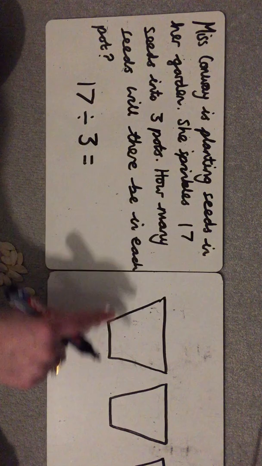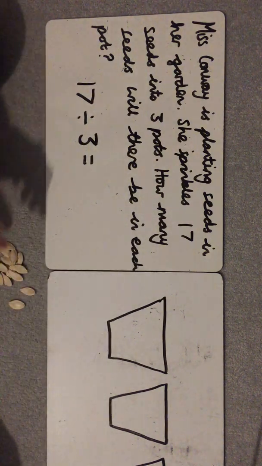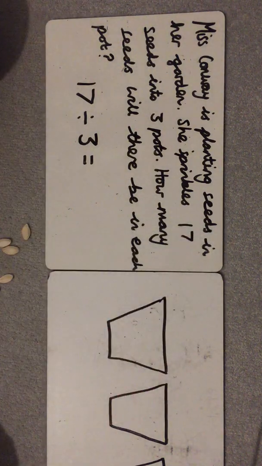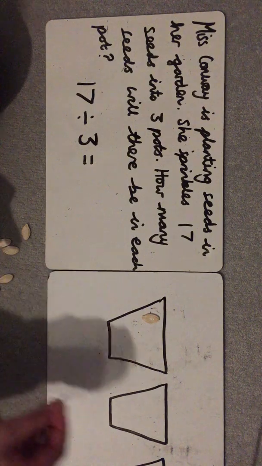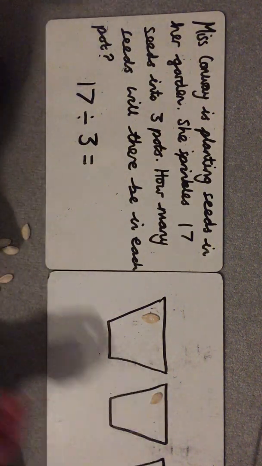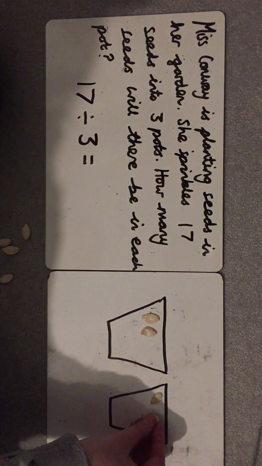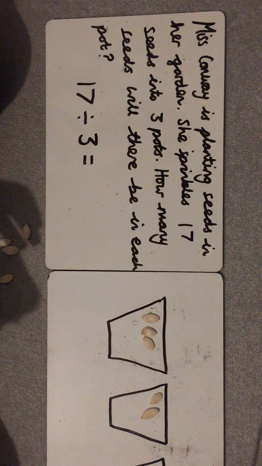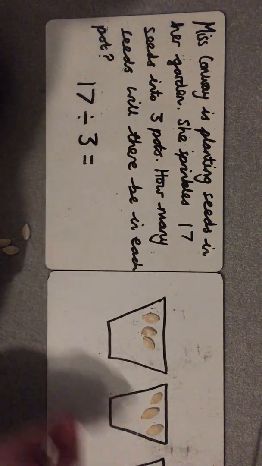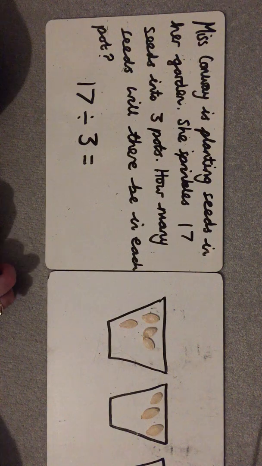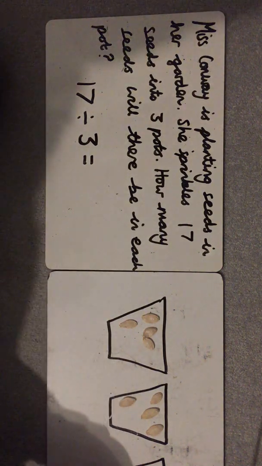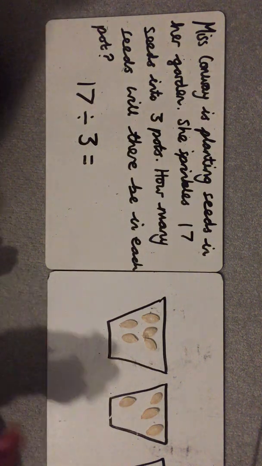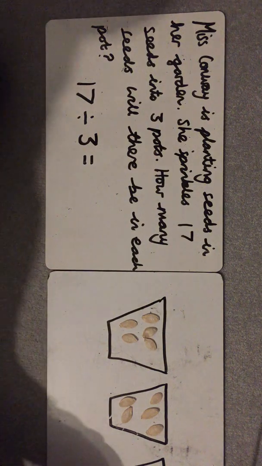Okay, so I'm sharing or sprinkling the seeds into 3 pots, and I'm sprinkling 17. We ready? If you've got objects, you can put them in, or you can draw them in. 1, 2, 3, 4, 5, 6, 7, 8, 9, 10, 11, 12, 13, 14, 15.